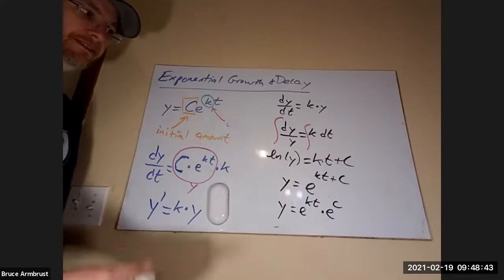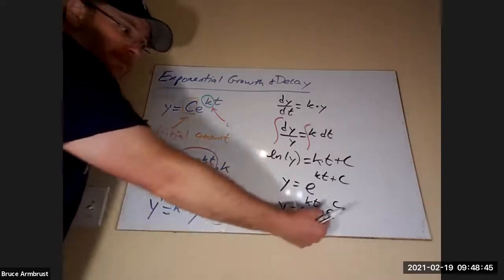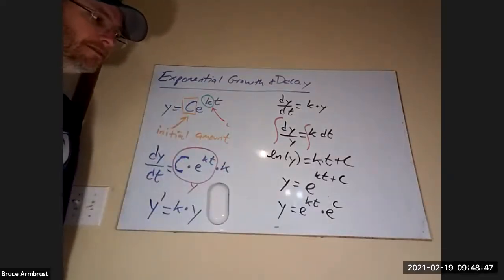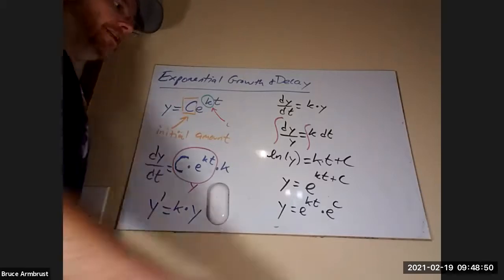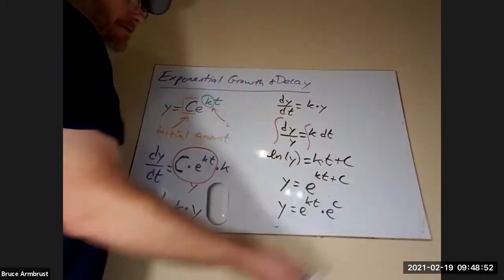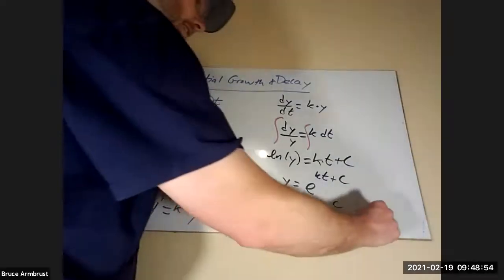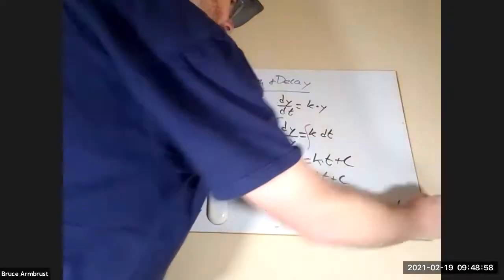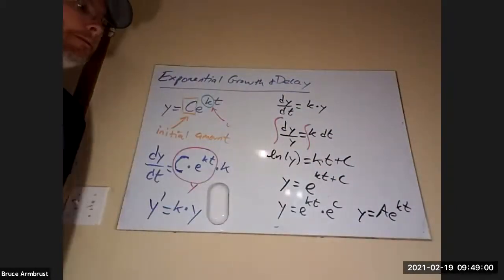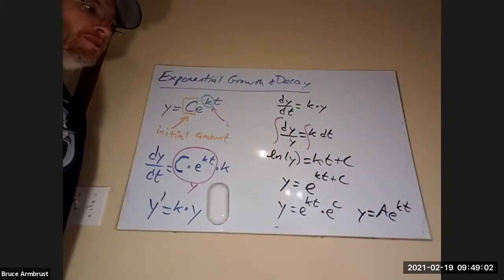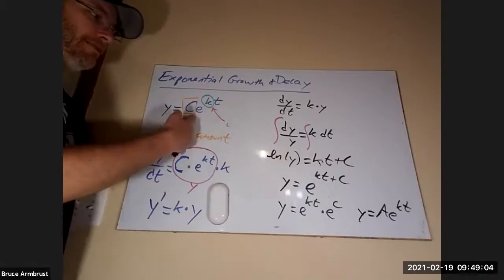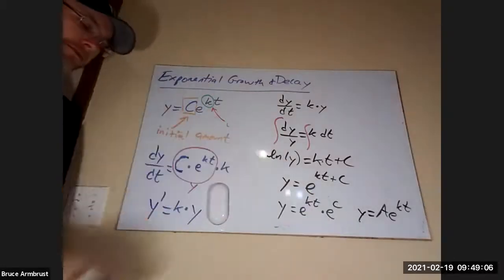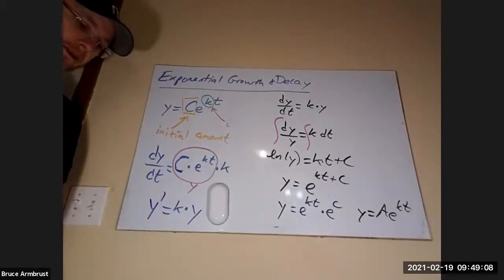I can split it apart since there's addition as an exponent. It's multiplication of the two separate things. And then this e to the c, since c is an arbitrary constant, so is e to the c. I'll rename it to a just to make you feel a little bit better. But notice that, yep, it leads to the same exponential growth.